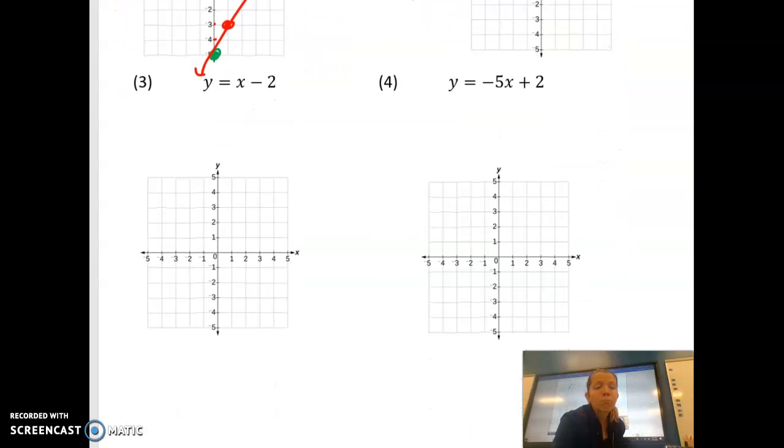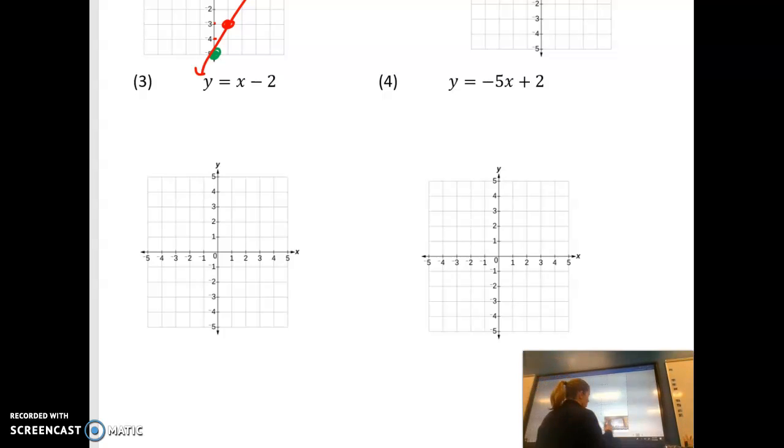Okay, last two examples here. We have y equals x minus 2. Okay, so this is in slope-intercept form because it says y equals mx plus b. So this value is my y-intercept at (0, -2). So I need to be on the y-axis. And then my slope here is a little more tricky. So think about what you know about math.